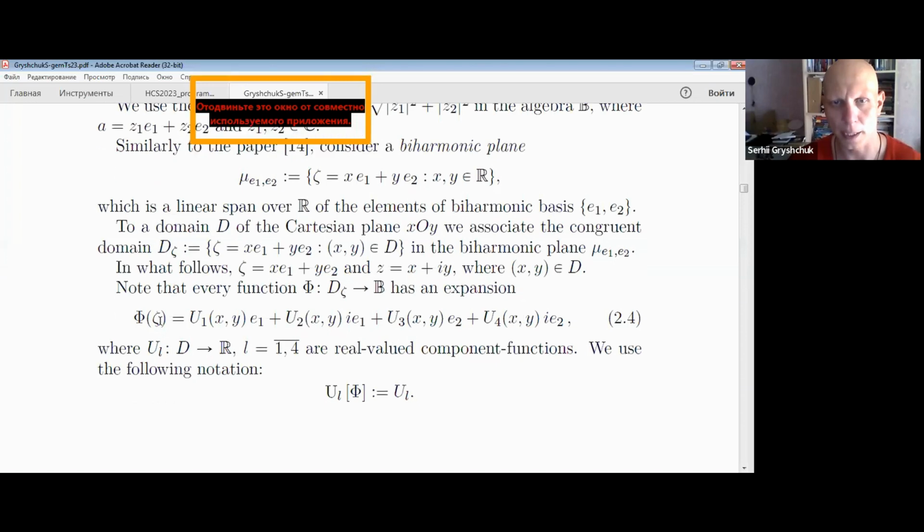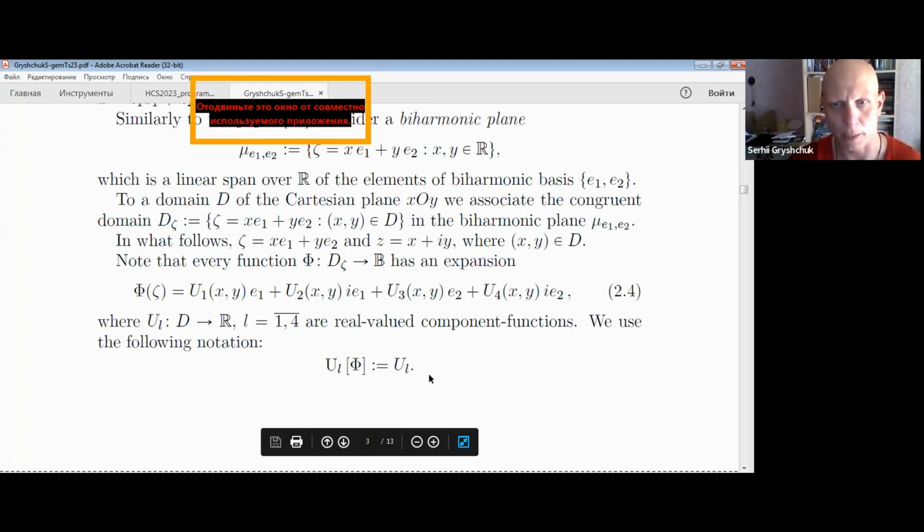So we can imagine it as four real functions, U1, U2, U3, and U4. We also use the following notation: U sub L of phi equals such component, U sub L.